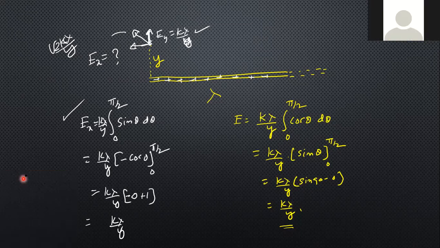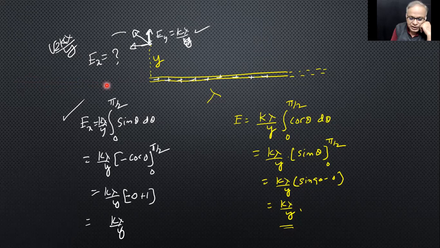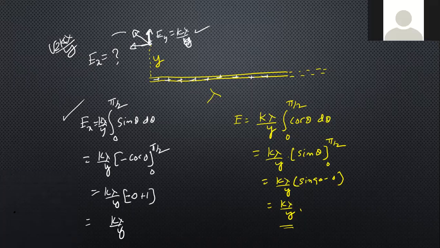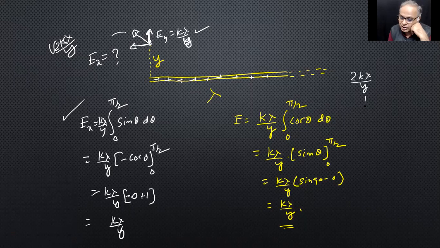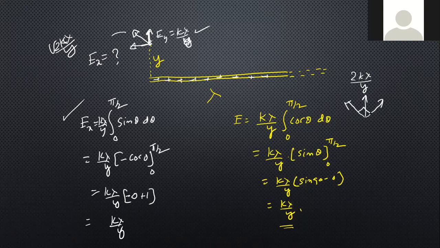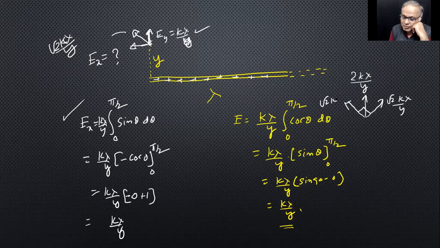For the other half, if I think there is one more half this side, it will be like that. Sum of these two should be equal to this. And that was how much? 2k lambda by y. This is the resultant of two equal things with an angle of 90. So it should be root 2 k lambda by y.